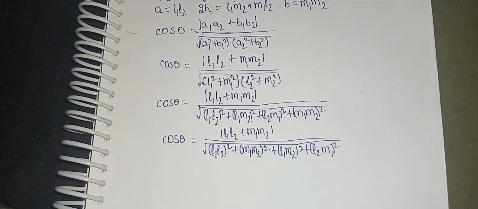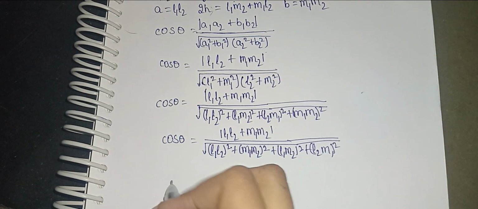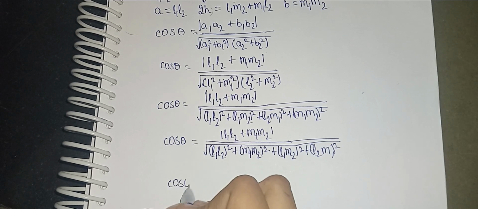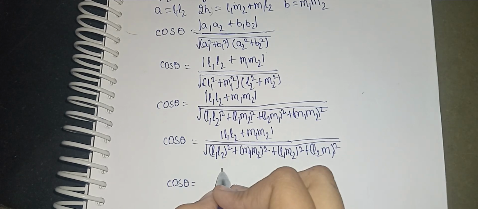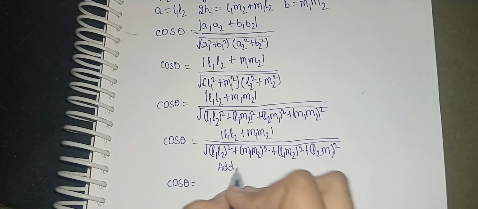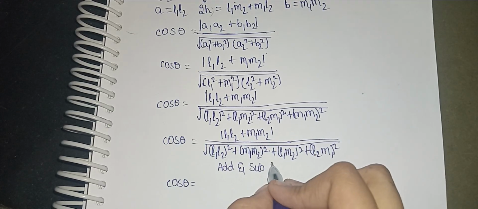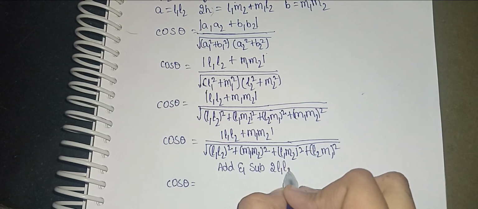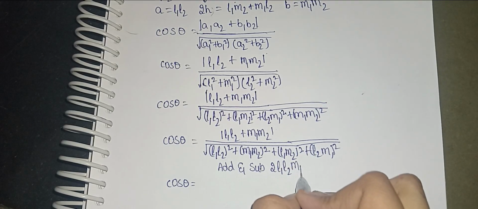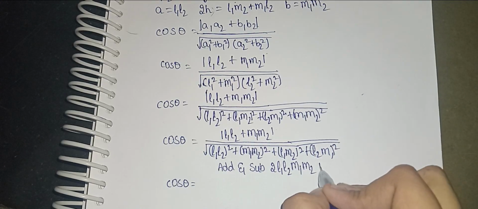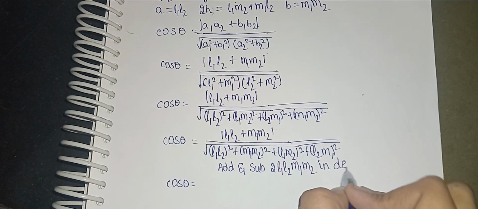In order you have to write. Next, add and subtract 2 L1 L2 M1 M2 in the denominator.